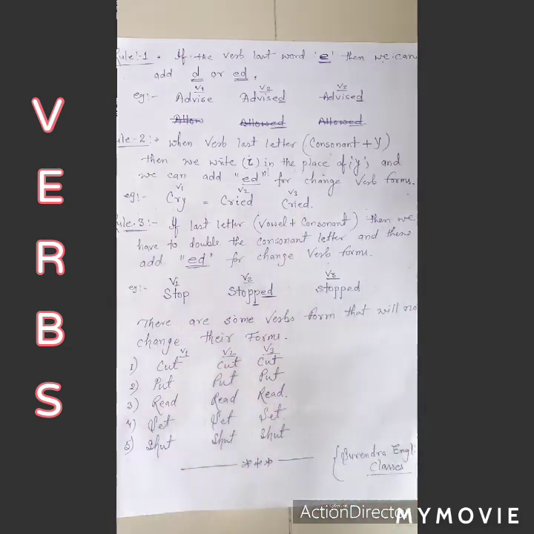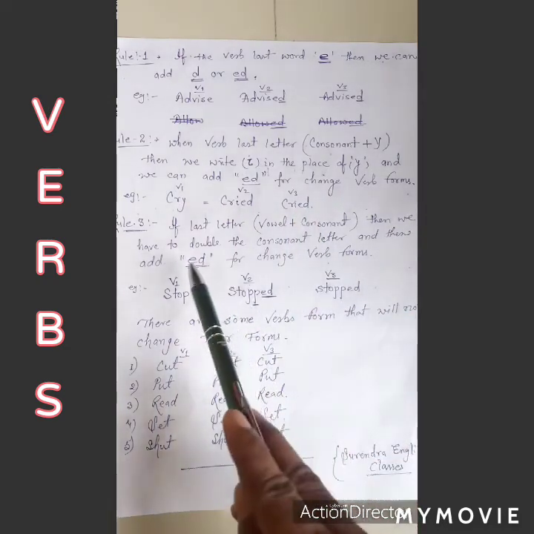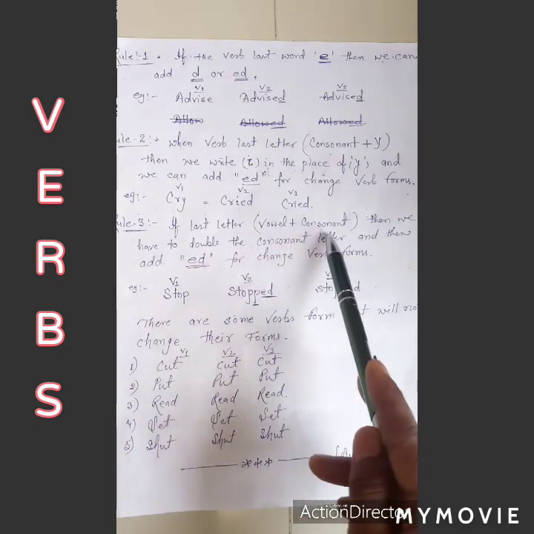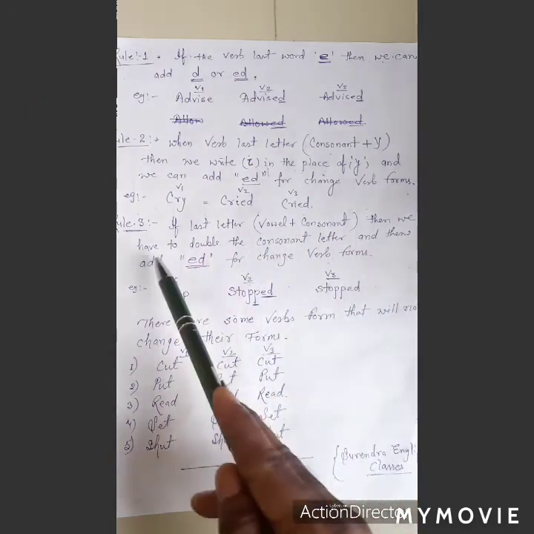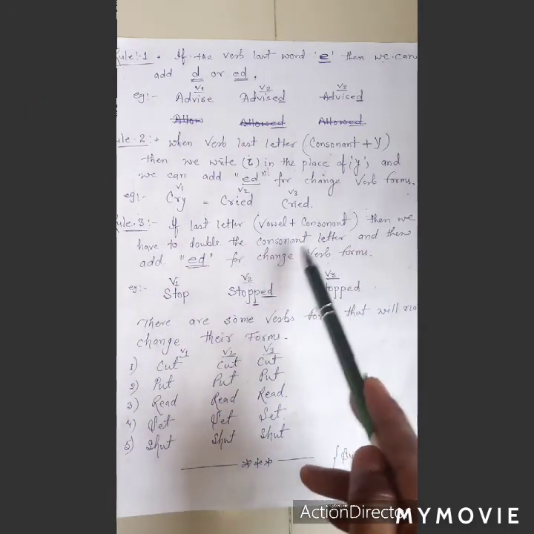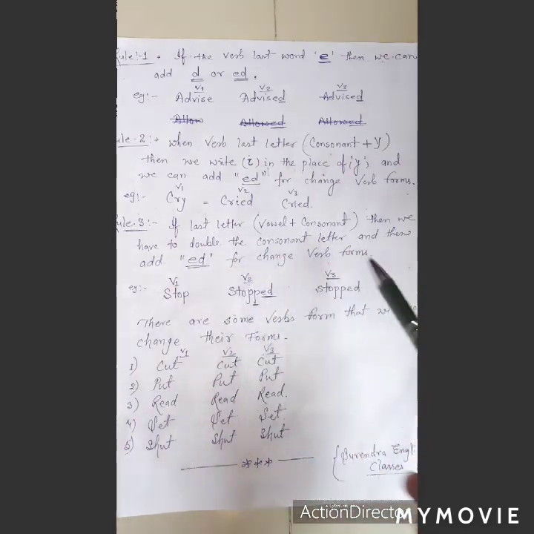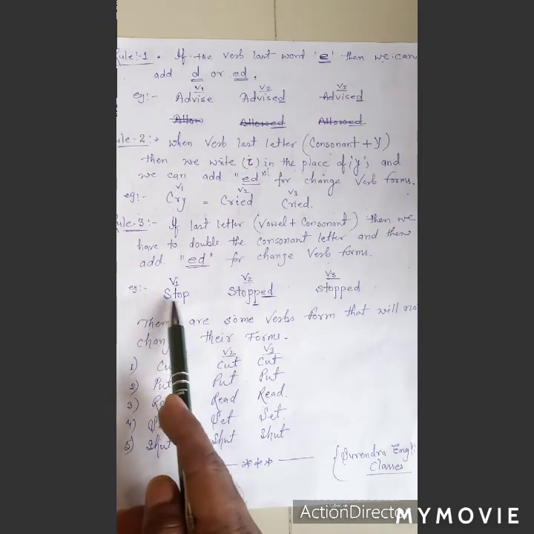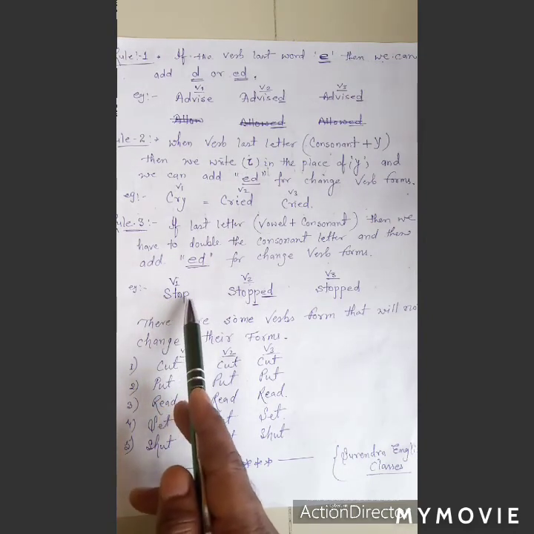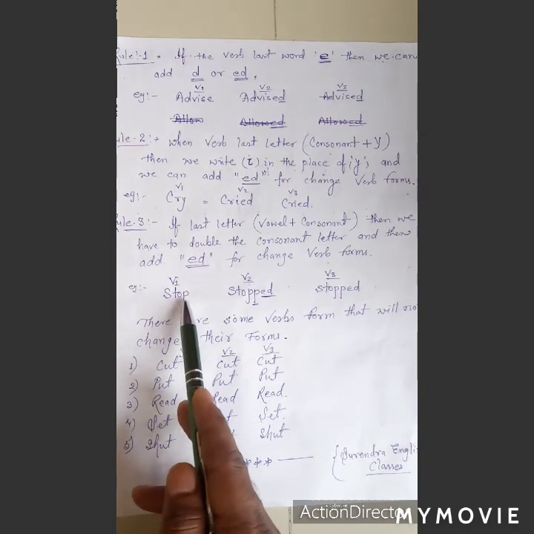The next rule is, if the last letters are vowel plus consonant, then we have to double the consonant letter and then add ed to change the forms. Example: stop. Here the last two letters are a vowel plus a consonant, o and p.